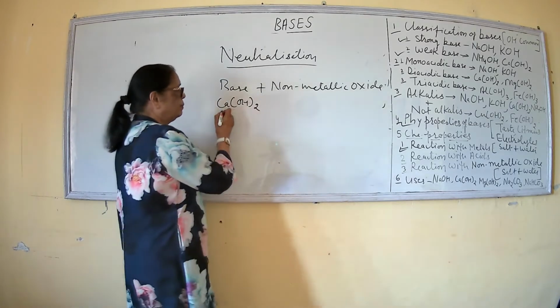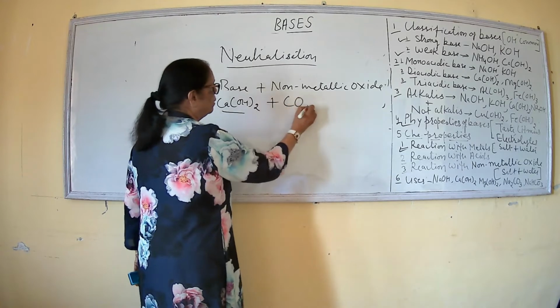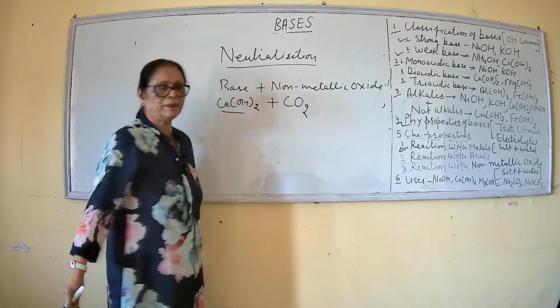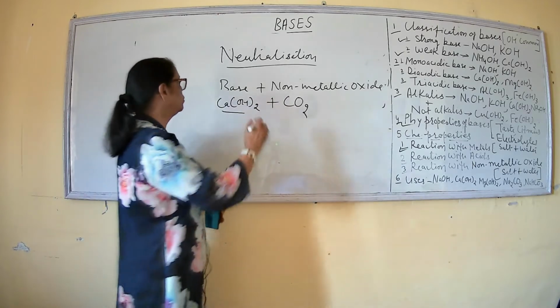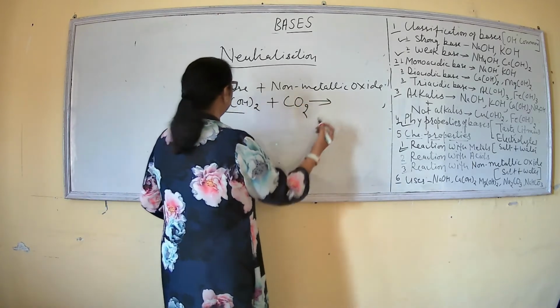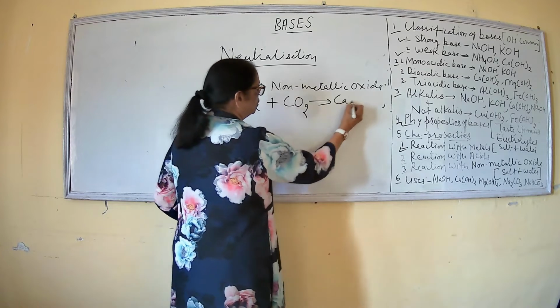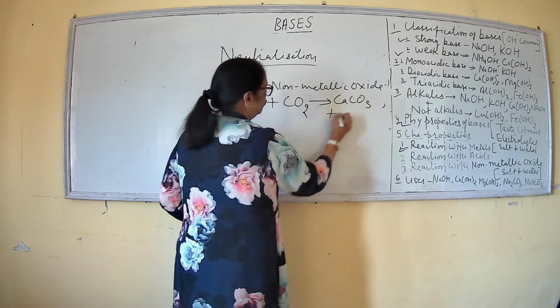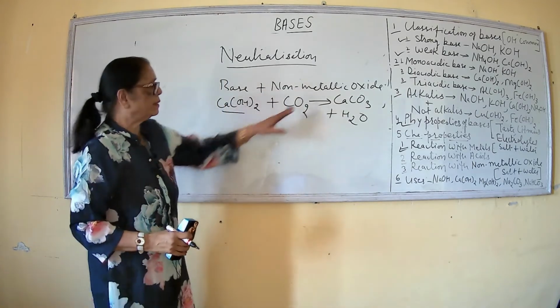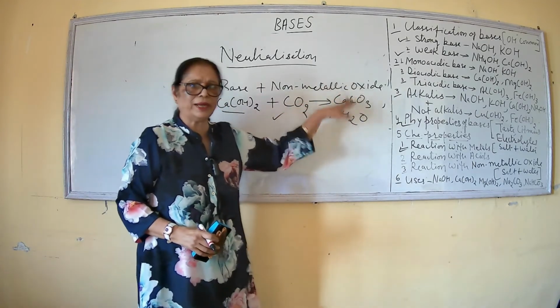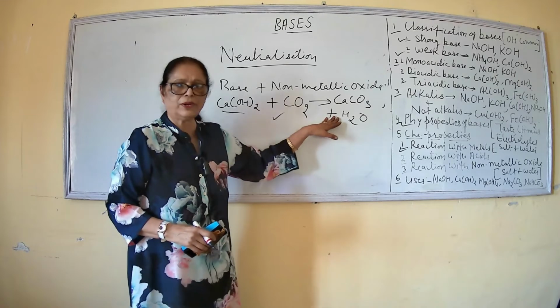So when you pass carbon dioxide through calcium hydroxide, taking its aqueous solution, not in solid form, it reacts with carbon dioxide and forms a salt, CaCO3, and water. So a white precipitate, a white colored substance, will form, and water will be formed.